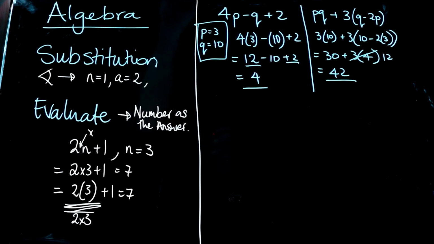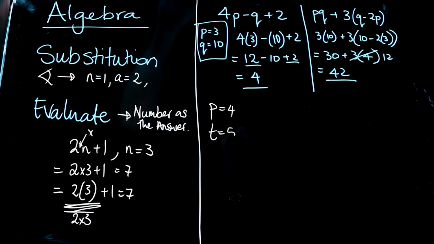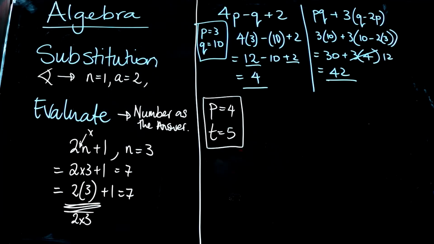We're using p, and the value of p this time is 4, and the value of t is 5. We're going to use these pronumerals and the values here in the orange. Okay, so let's set this up. 3 times p squared.